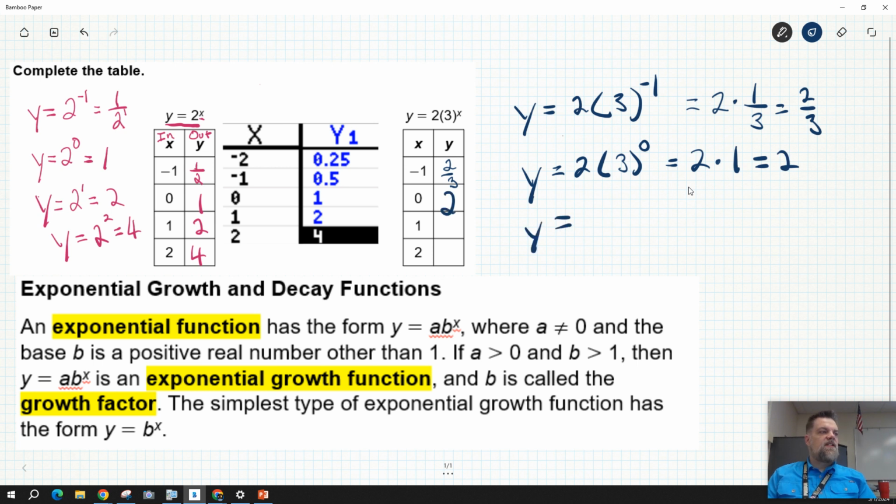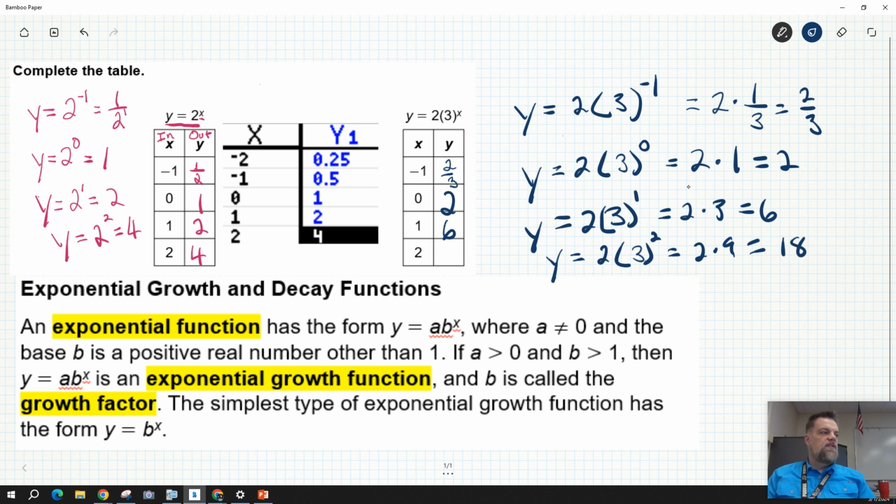Next we have y is equal to 2 times 3 raised to the 1, which is just 2 times 3, which is just 6. And then lastly, we're going to say 2 times 3 squared, which is 2 times 9. Remember, we got to follow order of operations. You're going to do the exponents first. So we get 18.